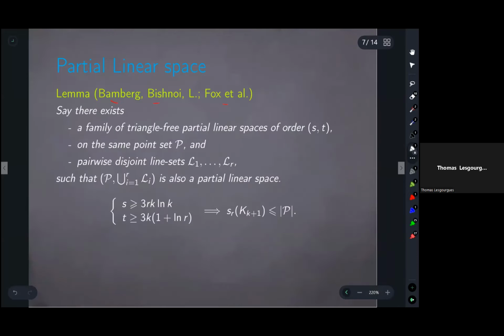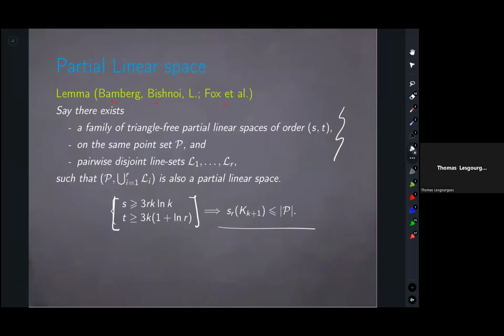And we can show with a probabilistic argument that there's a way to do that such that we will have all the nice properties we want and a nice control of the cliques. So under the proper conditions, we will be able to build, from this family of triangle-free partial linear spaces, our coloring packing, and the coloring packing will give us that inequality.